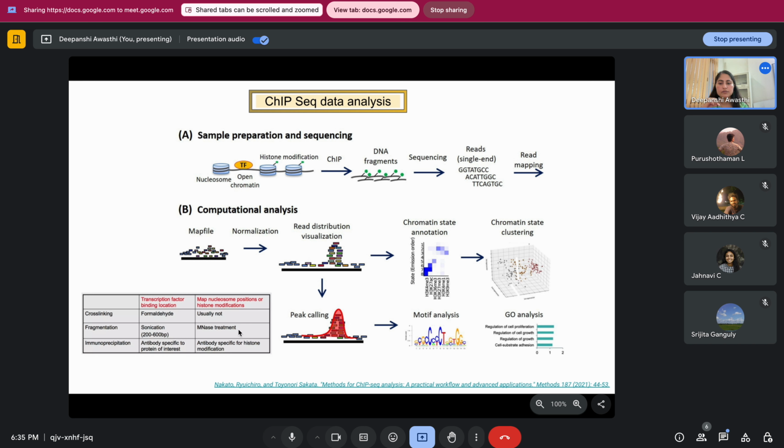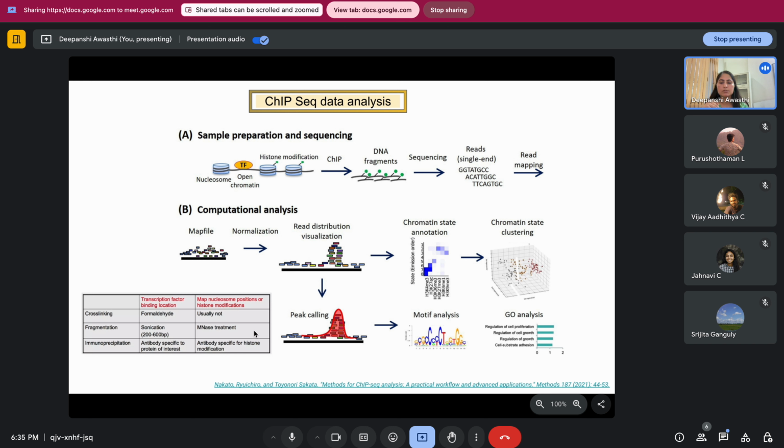But in the case of the live cell, where you have the histone proteins bound around the DNA, you have to go for MNase treatment. This is an enzyme which degrades the other regions which are freely accessible, and it will only leave the region with the histone protein, so the DNA which is bound around that histone protein will not be cleaved.